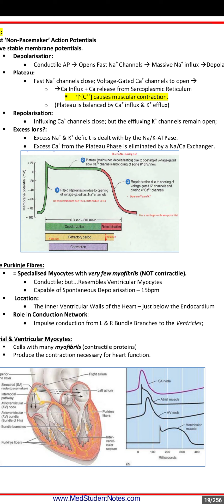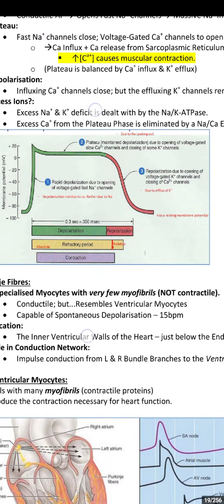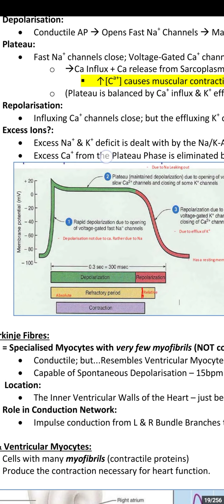Excessive calcium ions from the plateau phase are eliminated by sodium calcium exchangers. So you can see in this image, this is the membrane potential.